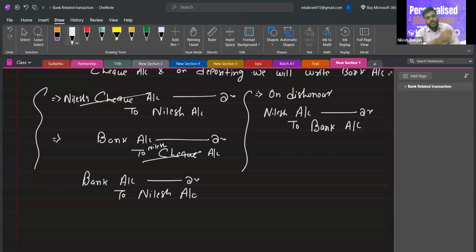Yes, sir. So at the time of dishonor, we just reverse the entry. You can see here, we have reversed the entry. While receiving and depositing, we have written bank account debit to Nilesh, and on dishonor, it is Nilesh to bank. So it is just reversed.